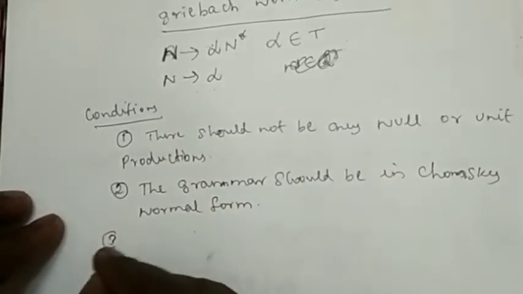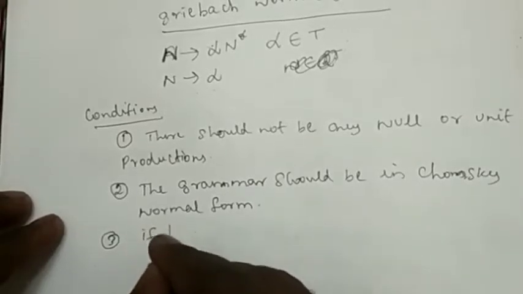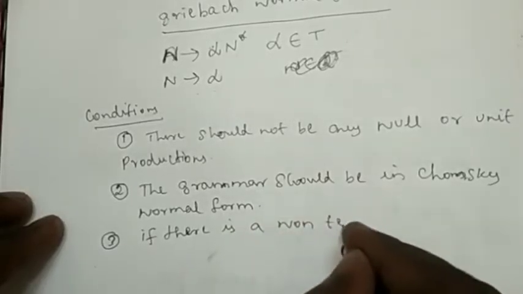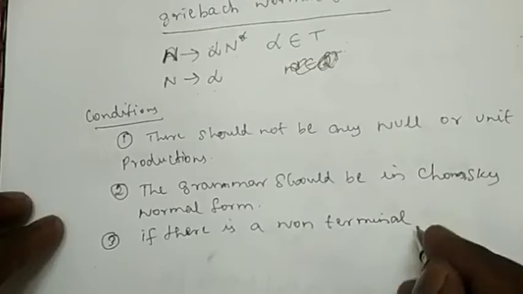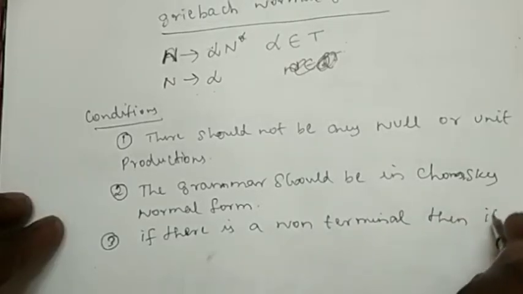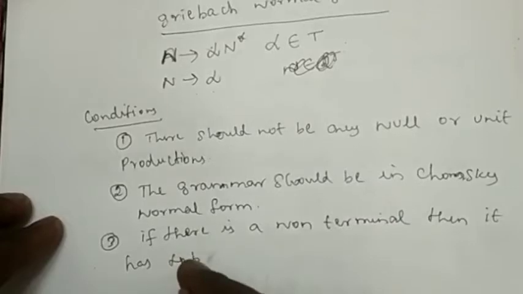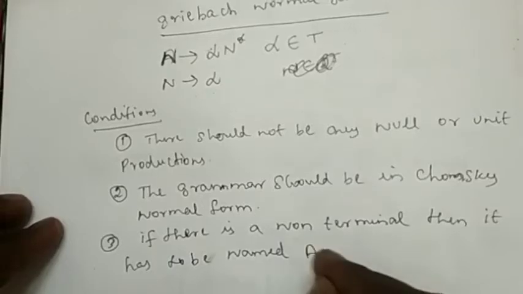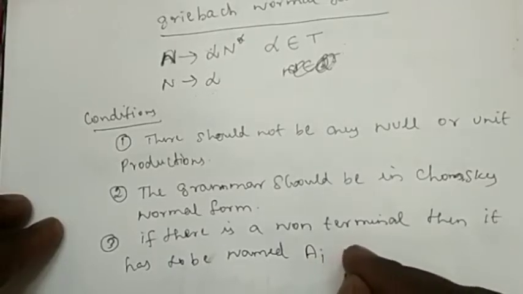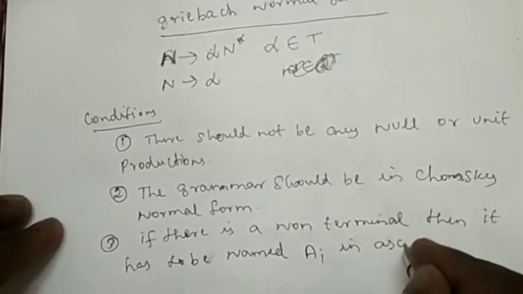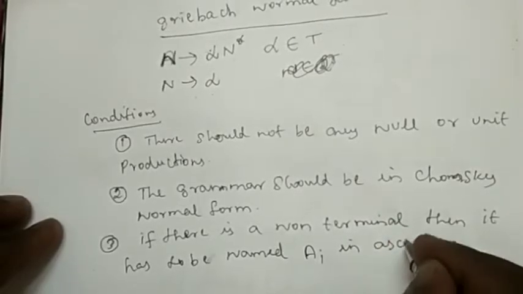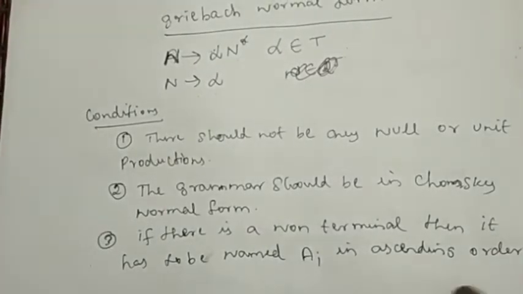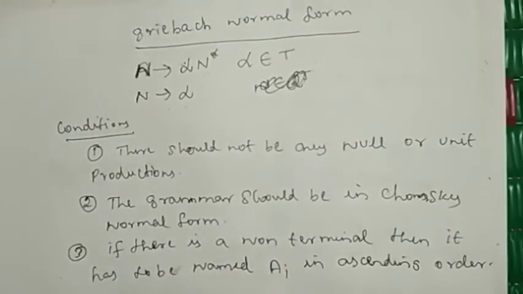Number three, if there is a non-terminal, then it has to be named A to the power of i, in ascending order. So this is the pattern which you have to follow as far as Greibach normal form is concerned.